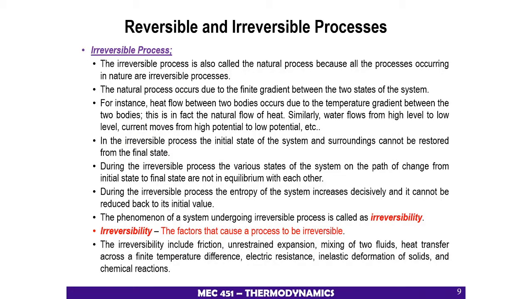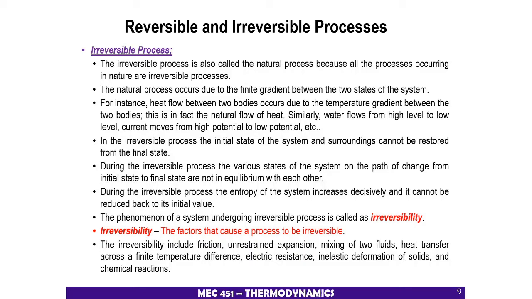Irreversible process. The irreversible process is also called the natural process because all the processes occurring in nature are irreversible. The natural process occurs due to the finite gradient between the two states of the system.